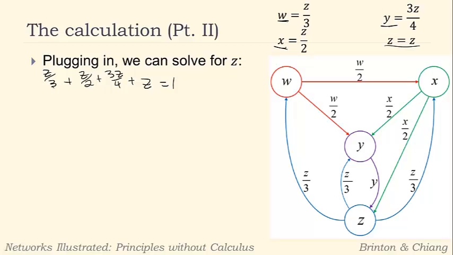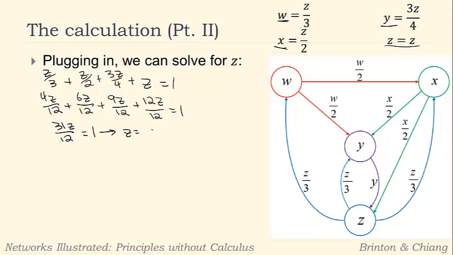So we take 3 times 4 to be 12, so we have 4z over 12, plus 6z over 12, because 6 times 2 is 12, plus, then we multiply this by 3, we get 9z over 12, plus 12z over 12. It has to be equal to 1. Adding this up, 4 plus 6 plus 9 plus 12 is 31. So we have 31z over 12 equal to 1, which means that z is equal to 12 over 31, which is equal to 0.387.